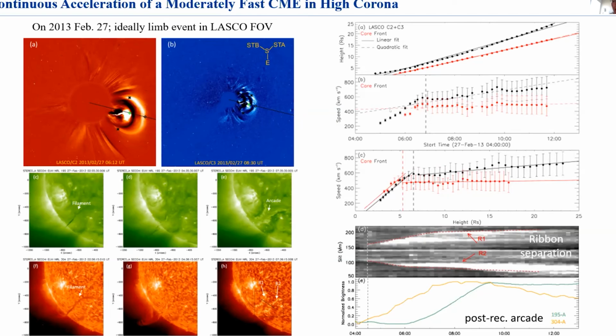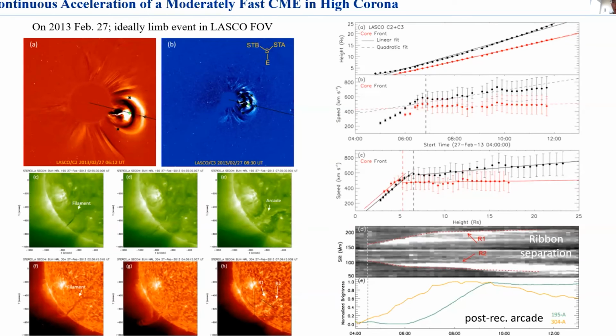But the figure shows that just the front has acceleration, while the core keeps a constant speed. So when we calculate the acceleration of the front and the acceleration of the core, we can get the acceleration for this additional CME expansion.